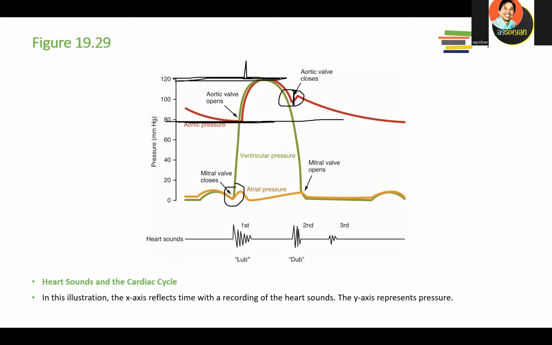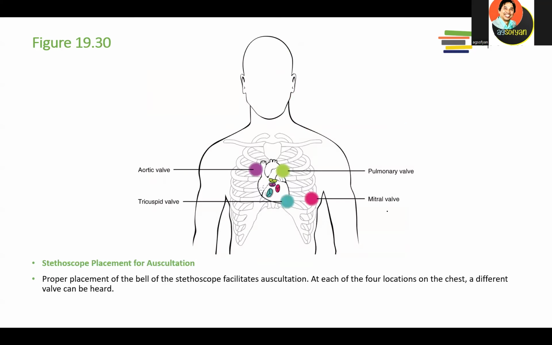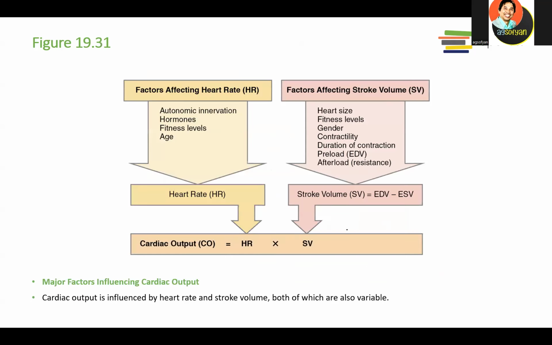You're going to hear the sound of lub and dub. The lub sound comes from the closing of the mitral valve, and the dub sound comes from the closing of the aortic valve. So it's going to give you that sound, lub dub, lub dub. And this is the place where you put the stethoscope to hear that lub dub sound.